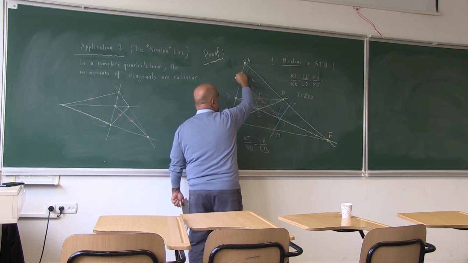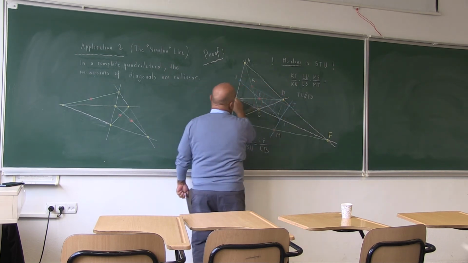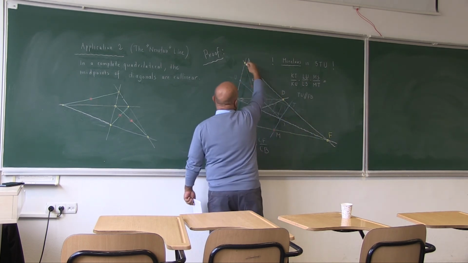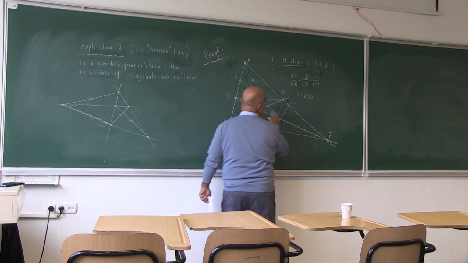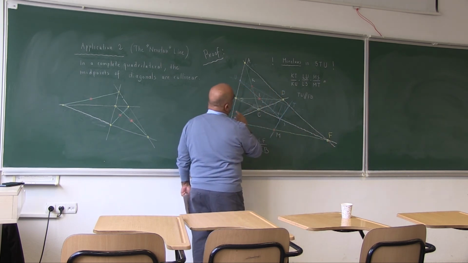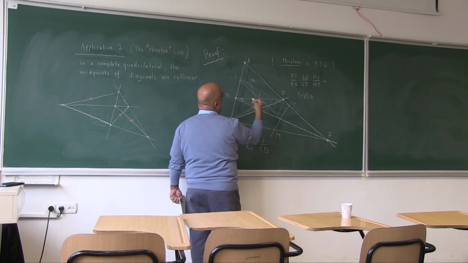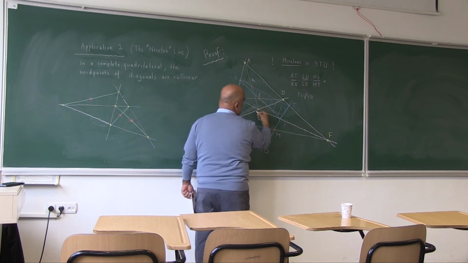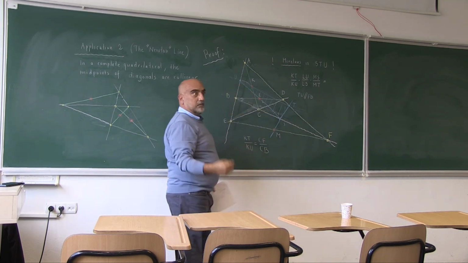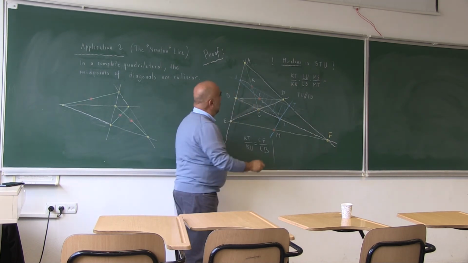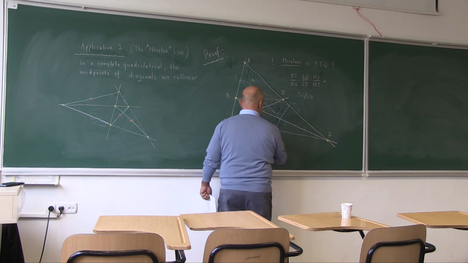Again, this line is parallel to this line. UT, joining the midpoints of AB and AF, is parallel to BF. So if you take the ratio KT to KU, it's exactly the same as CF to CB. Great. Now let's do something similar with LU, LS. What about LU by LS?